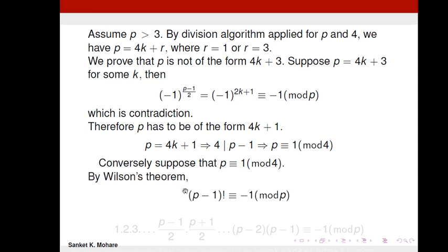Then by Wilson's theorem, (p minus 1) factorial is congruent to minus 1 modulo p. But the value of this factorial is 1 into 2 into 3 and so on up to (p minus 1) by 2 into (p plus 1) by 2 and so on up to (p minus 2) into (p minus 1). This is the value of (p minus 1) factorial, which is congruent to minus 1 modulo p.